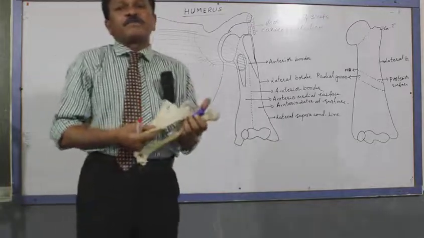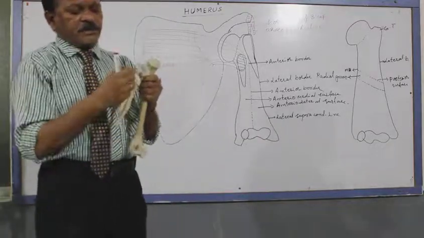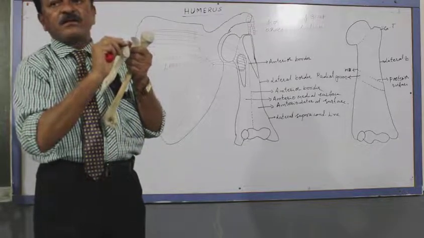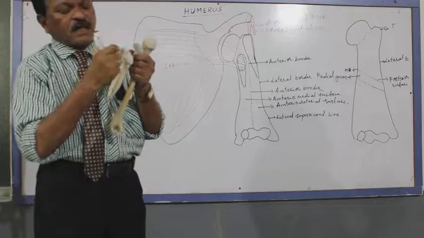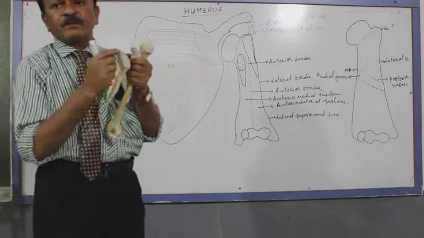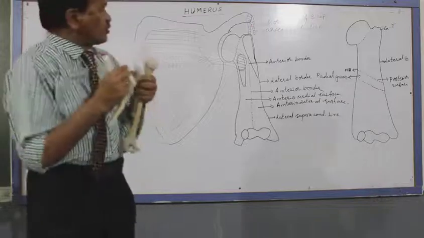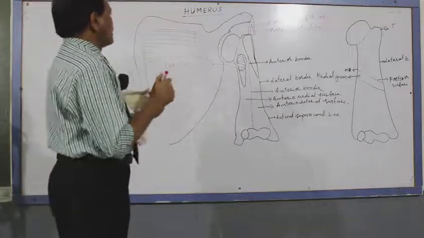You see here, this is the tip of the coracoid process, and it gives the common tendon and the common origin for the short head of the biceps brachii and the coracobrachialis muscle. So now the coracobrachialis muscle insertion.